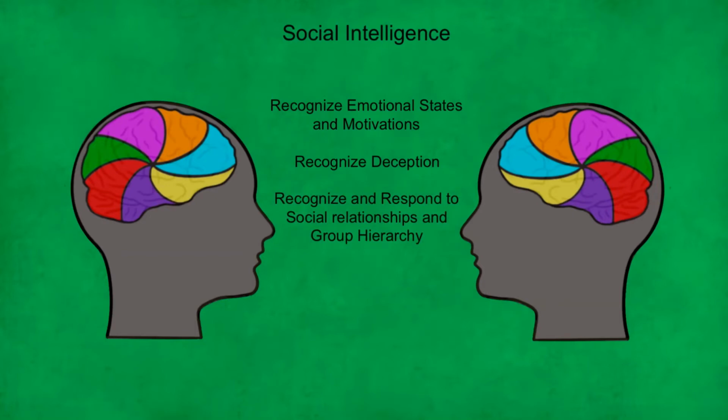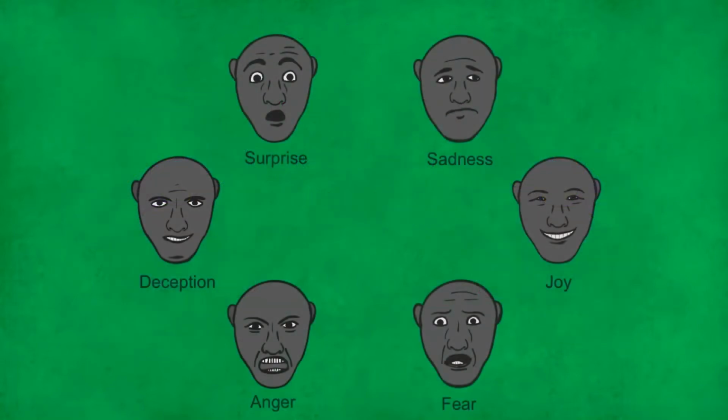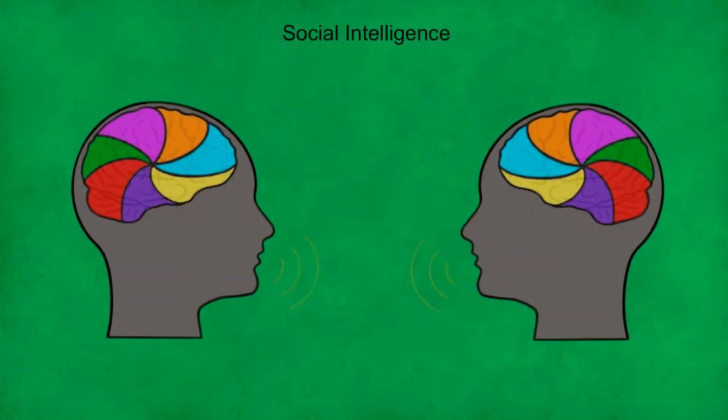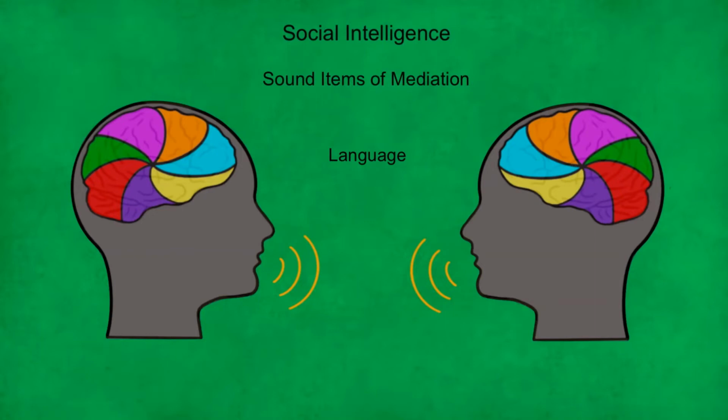These essential neurochemical processes were initially stimulated visually through the observation of facial expressions and bodily movements. However, in regard to culture, they came to be stimulated through the use of new human-made sounds. Specifically, a system of sounds that we refer to as language. The creation of this sophisticated collection of sound items of mediation made it possible to stimulate all the components of social intelligence that made group living possible.